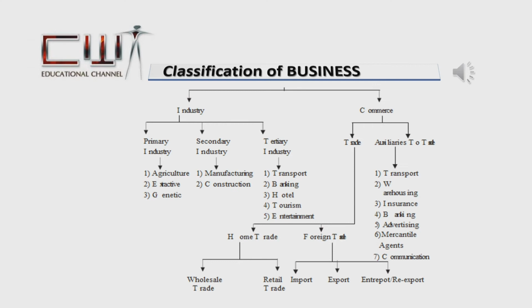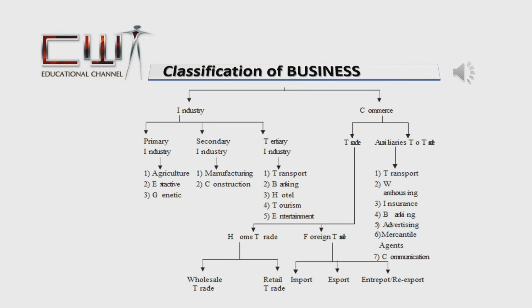Then there is the hotel industry, which helps the businessmen traveling from one place to another. Tourism industry also helps in promoting the local geographical areas for tourism purposes. Then we have the entertainment industry, like the Bollywood industry, for the entertainment of the consumers.